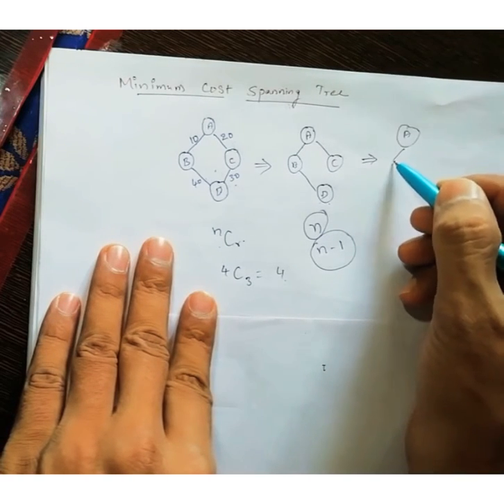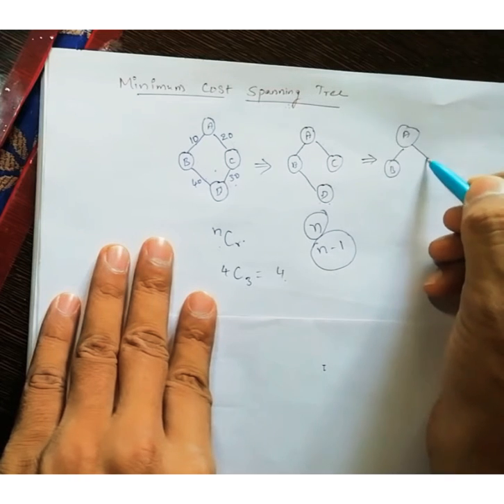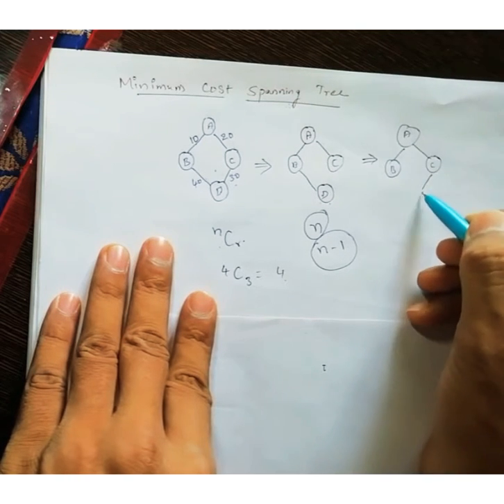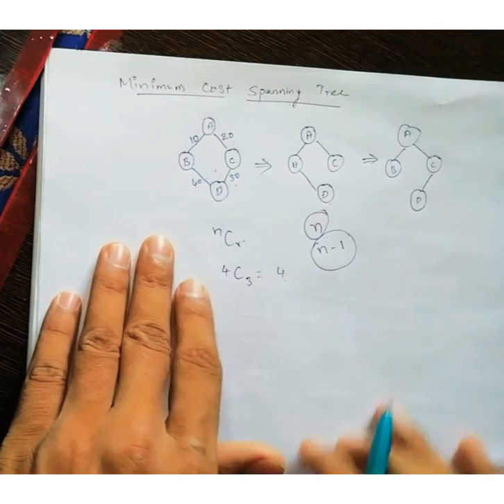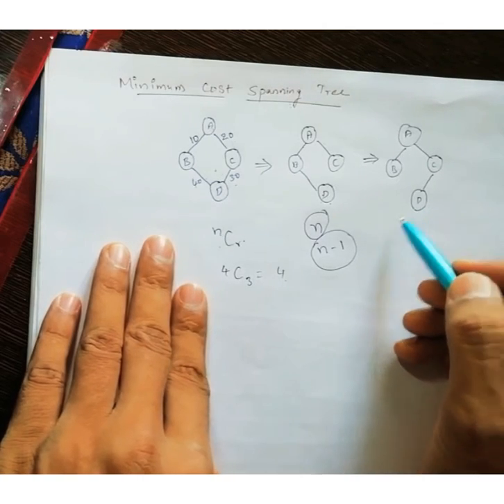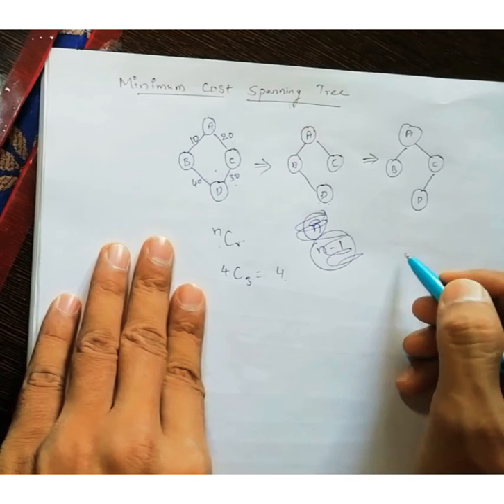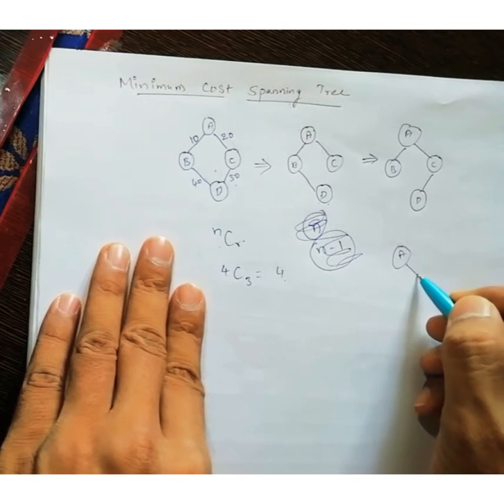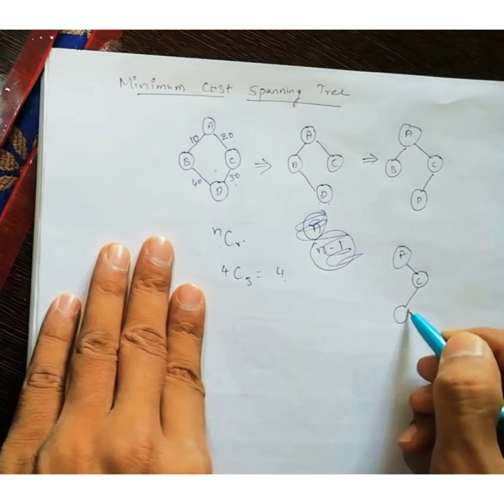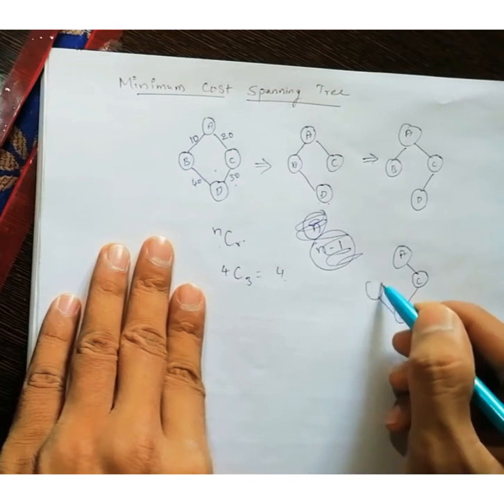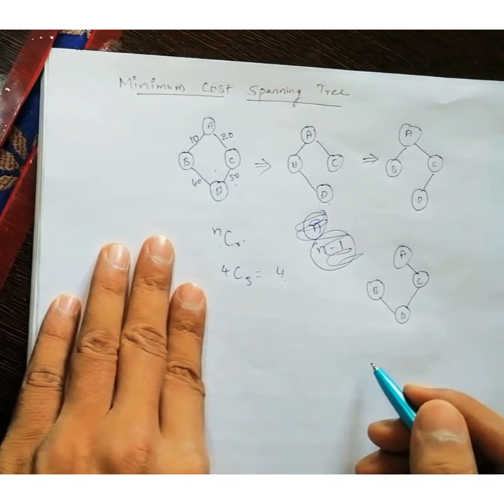A, B, C, D. Like this also I can form one of the spanning trees. Next I can form one more spanning tree: A, C, D, B. This is also one of the spanning trees.